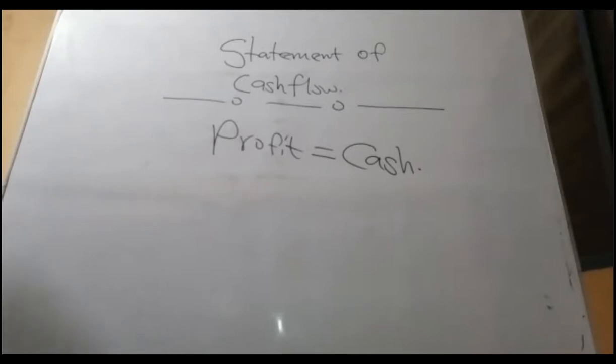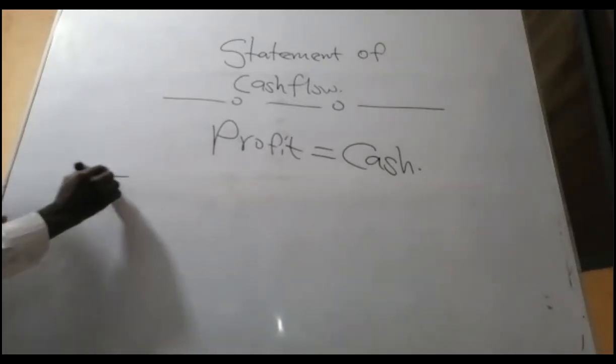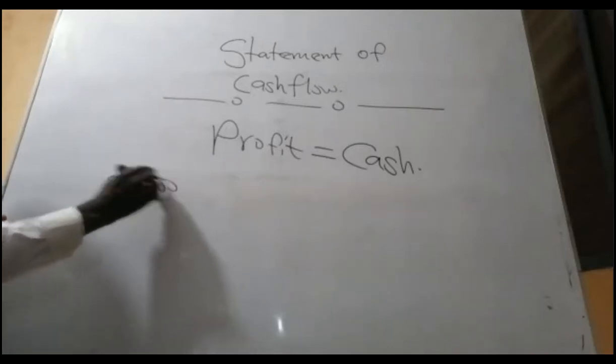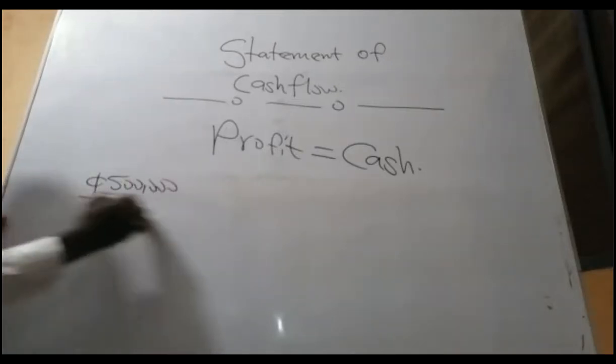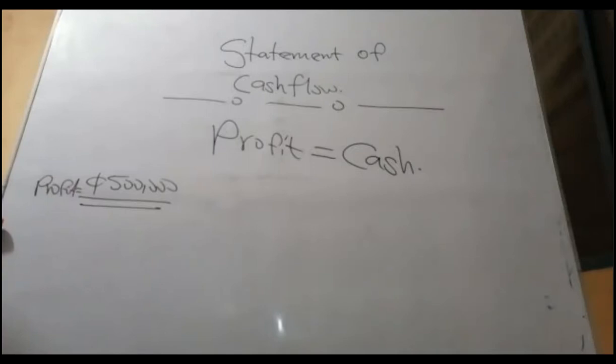Now, assuming that you are the accountant of an NGO or a church, you prepare the financial statement and tell the owner or the boss that you've declared a surplus or a profit of 500,000 cedis for the year. And they ask you what the cash balance is.